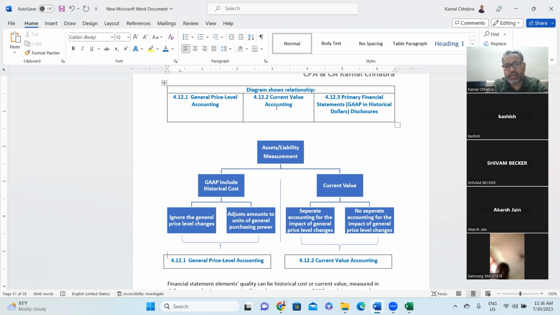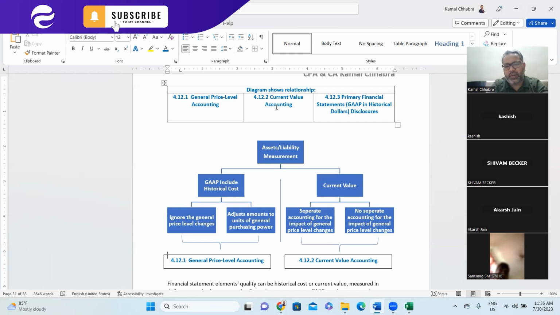On the other side, current value accounting says you need to completely change the amount of the respective asset or liability on the basis of current value, that is replacement value. Hence it comes under current value accounting.